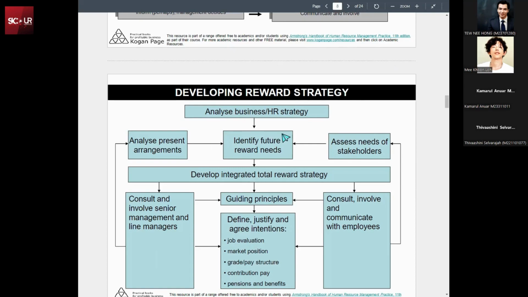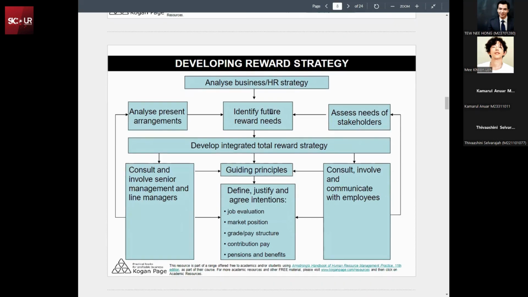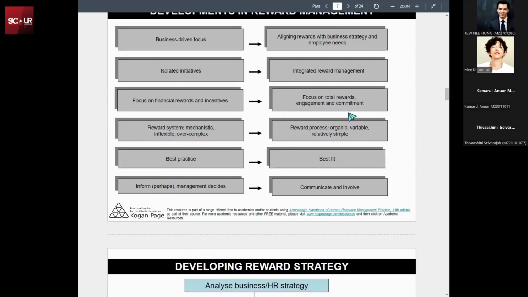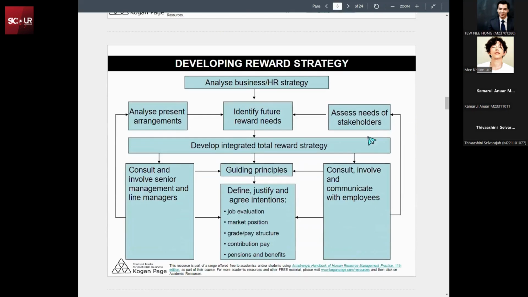Then after we analyze, we identify the future reward and needs. We must put communication and involvement together to make sure that we have integrated reward management, not only focusing on intrinsic monetary reward. So we need to consult.